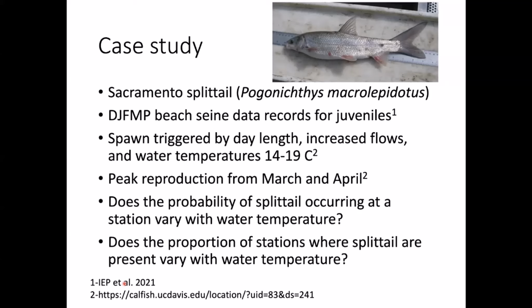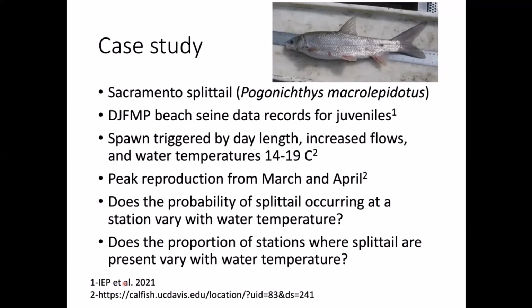So some relevant information, the biology of splittail. Spawning is triggered by day length, increased flows, and when water temperatures reach 14 to 19 degrees Celsius. And peak reproduction is typically from March to April, but this can extend on either side of those months.